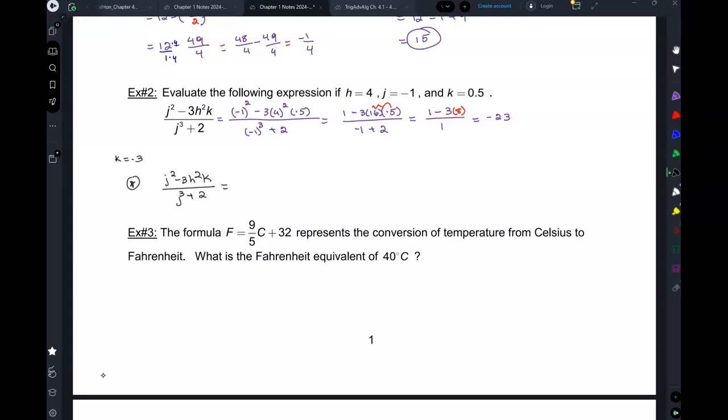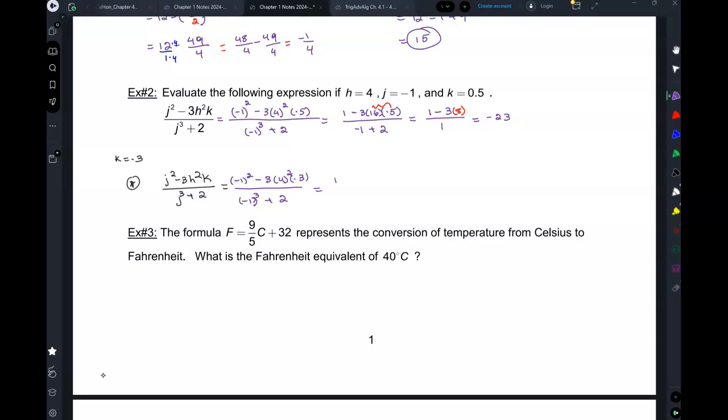Okay, so now let's see what we have here. So we have the same situation, negative 1 squared minus 3 times 4 squared times 0.3 over negative 1 cubed plus 2.